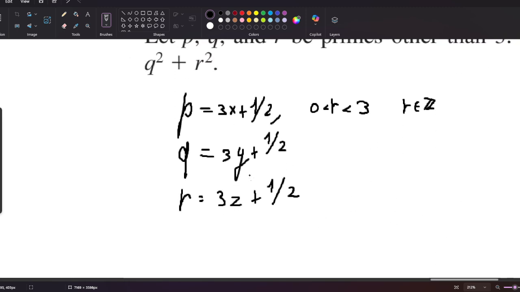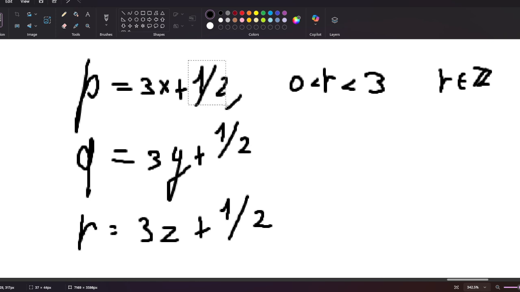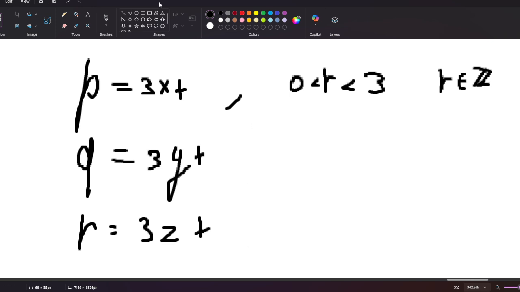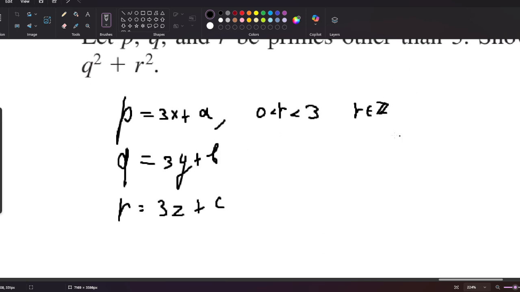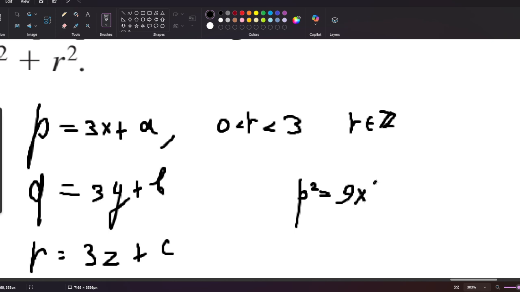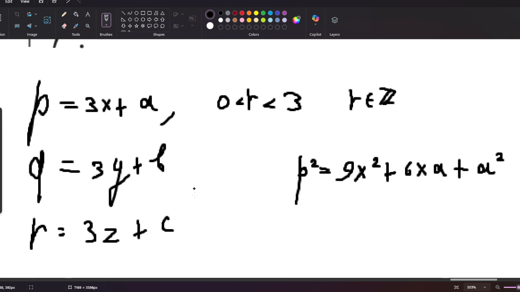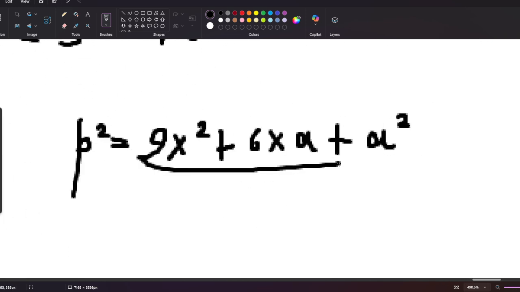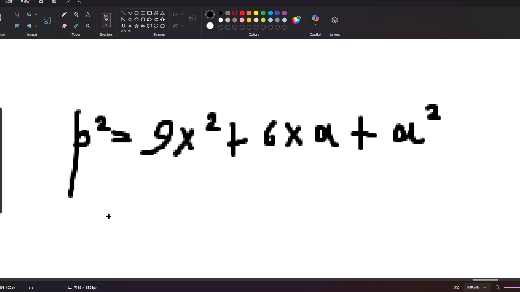Now, to write it in a nicer way, let's for now replace all of that with A, B, and C. And let's find the square of one of these things. Let's find p squared. This is going to be 9x squared plus 6xa plus a squared.